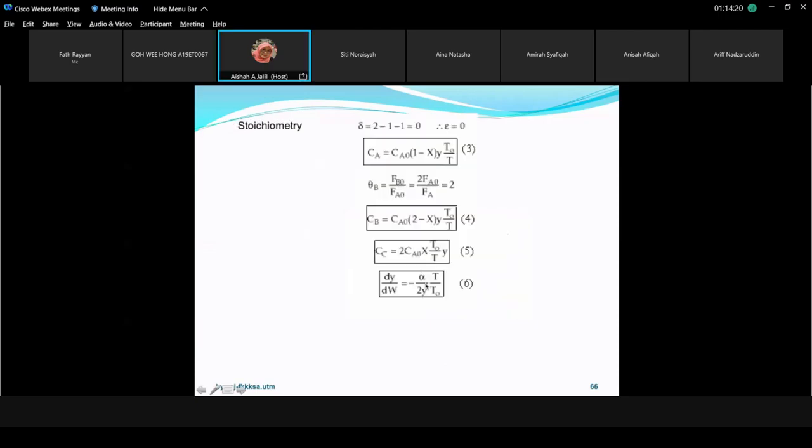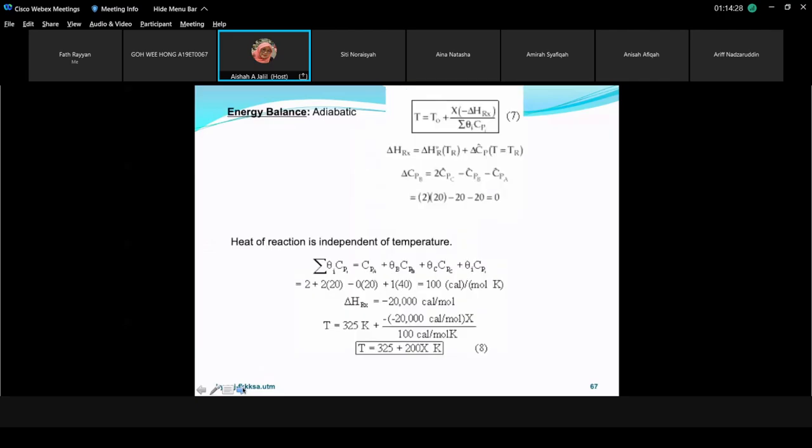This is the stoichiometry, when you consider y is P over P naught, the pressure drop. This is an example of how to get T in terms of X. This is very important: T in terms of X, or X in terms of T. When you have X in terms of T, you can get the plot. This is the plot for the energy balance.